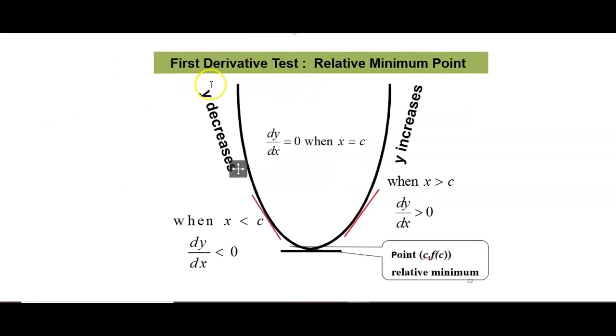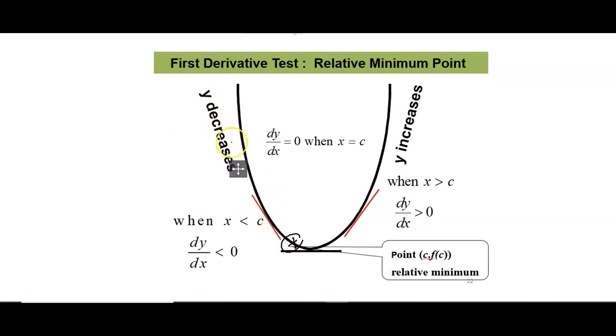Another situation you have by using the first derivative test, you can test whether it is a relative minimum. For the relative minimum, you have the shape like this, the graph. So as we found dy dx equals to 0, when you know that the stationary point happened at x equals to c, you can now substitute a value which is less than the stationary point into the dy dx that you found.